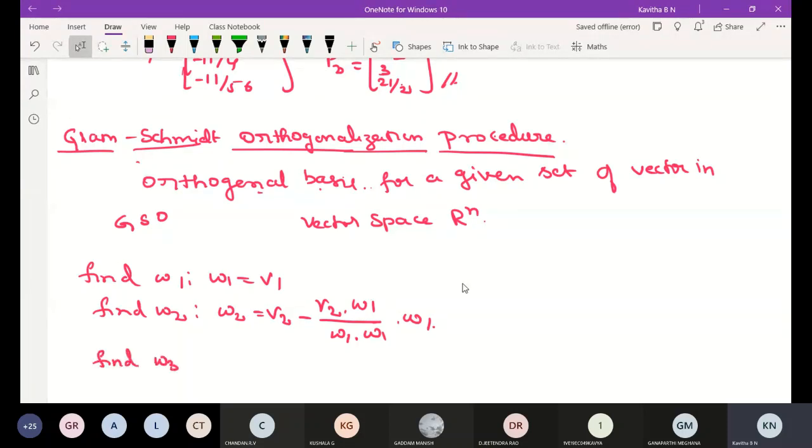Find W3, which is equal to V3 minus V3 dot W1 divided by W1 dot W1, and so on. We have to remember this formula. Using this formula we are going to find the orthogonal basis.